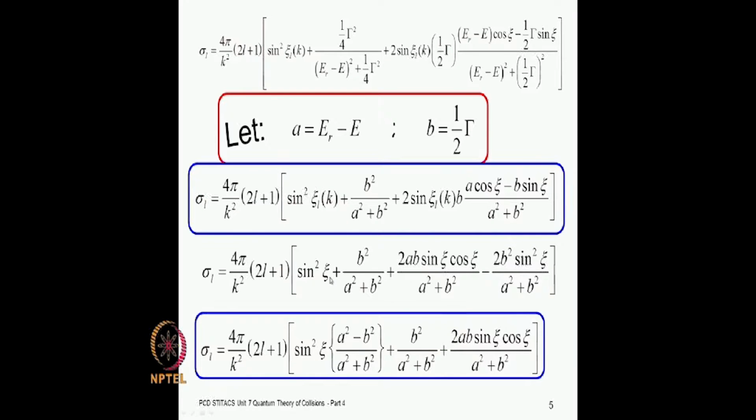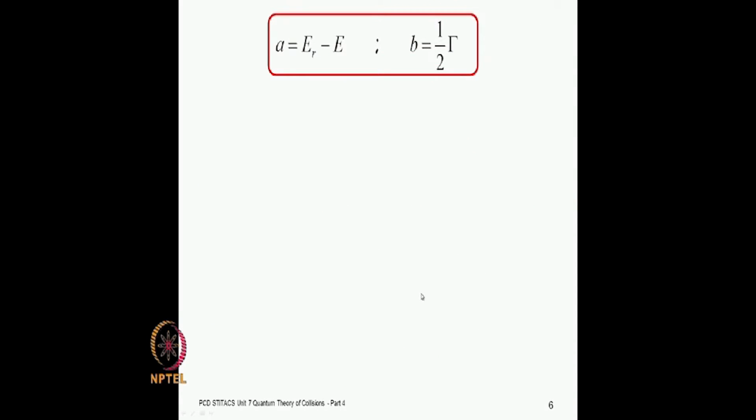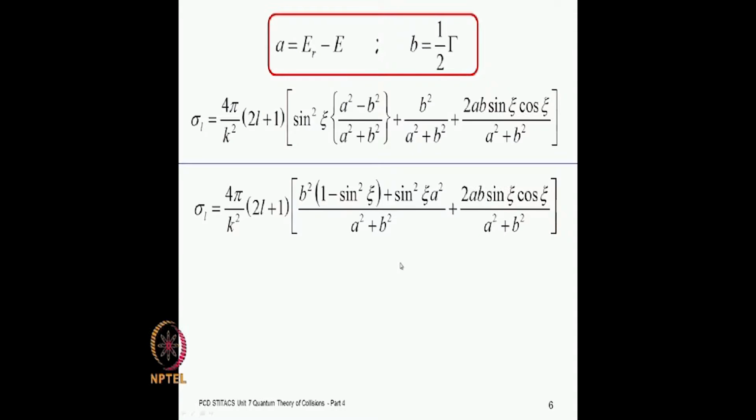So you combine the two terms and rearrange these terms a little bit so that you get a square plus b square in the denominator in each of the three terms. So that's the idea. Now, having done this, you rearrange these terms one more time, okay?